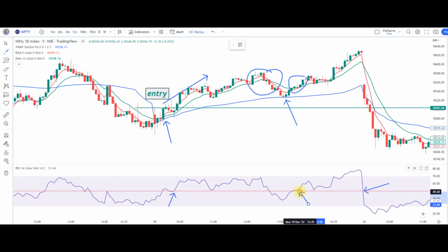So this is the perfect entry for us to enter into the long trade. So in Nifty, in the same day we got 2 entries for our long trade. Again I am repeating here, missing trades are always okay, but don't enter into the trade without the proper confirmation.